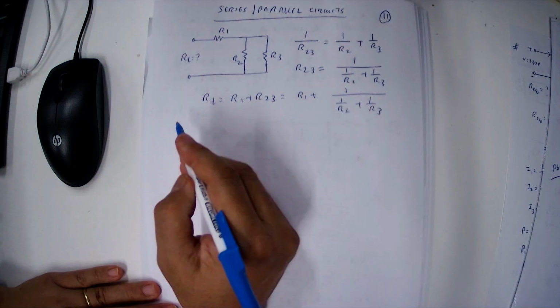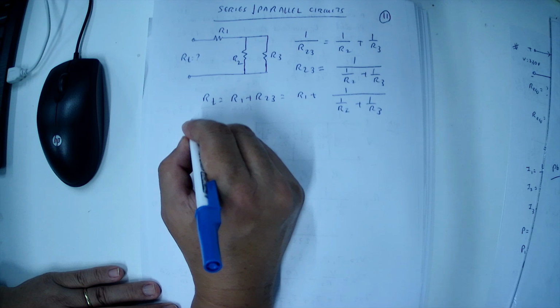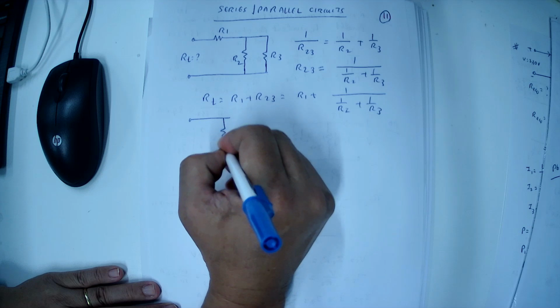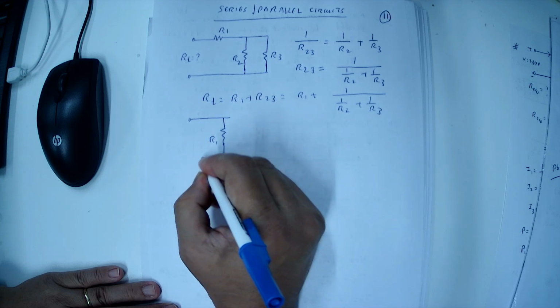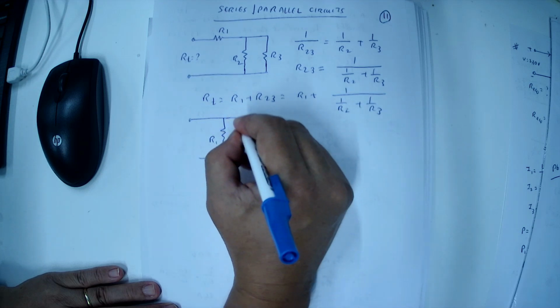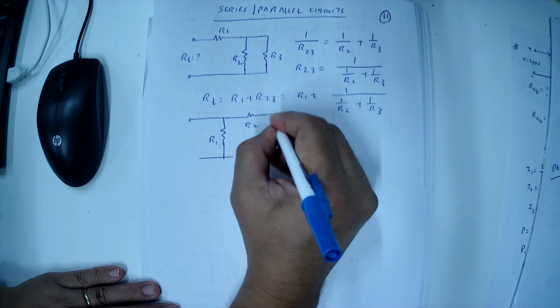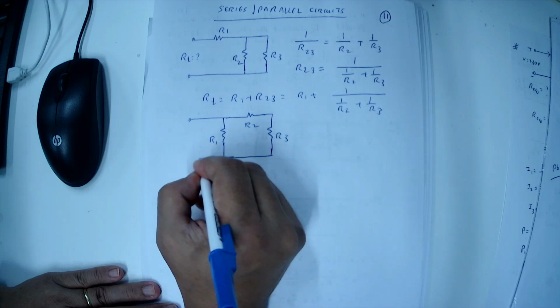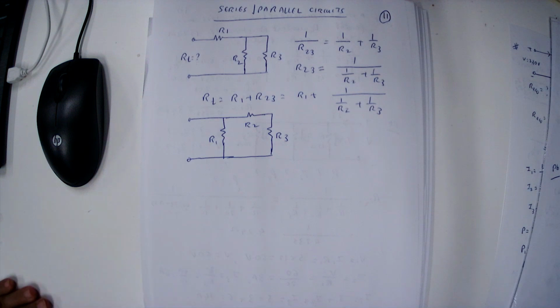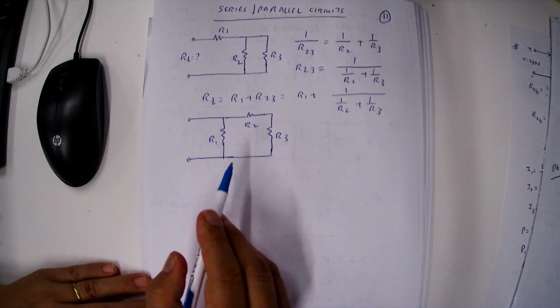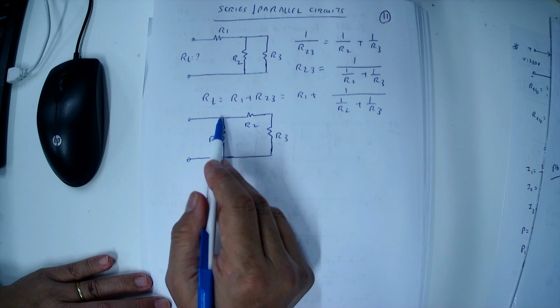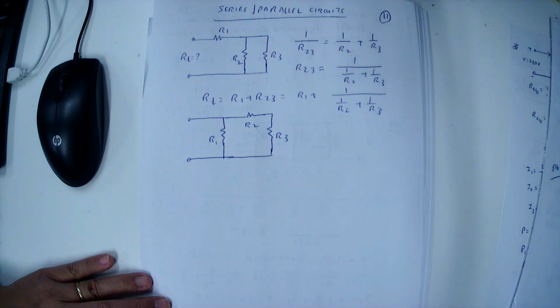And the second one is, you see the resistor R1 is here, and resistor R2 and resistor R3 are connected in series. In this connection, R2 and R3 are in series, then their combination is connected in parallel with R1.